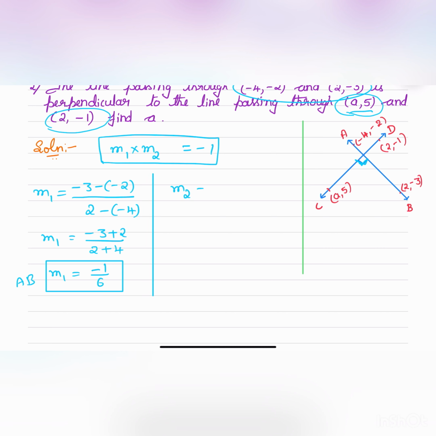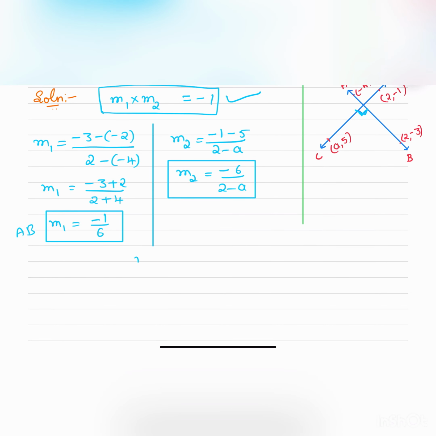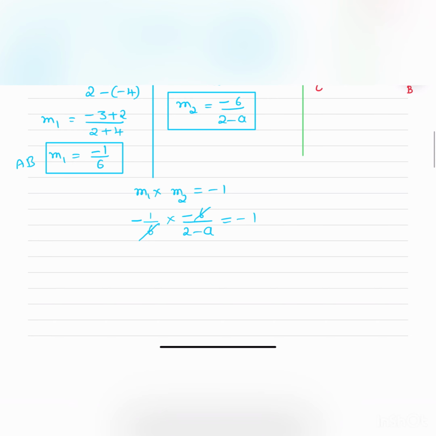Let us go for the slope of CD. So m2 is equal to (-1 - 5) divided by (2 - a), so m2 is equal to -6 divided by (2 - a). Now we know the formula, let us substitute in that. m1 into m2 is equal to -1. (-1 by 6) into (-6 divided by (2 - a)) is equal to -1. The 6 will cancel and we get 1 by (2 - a) is equal to -1, as minus into minus is plus.